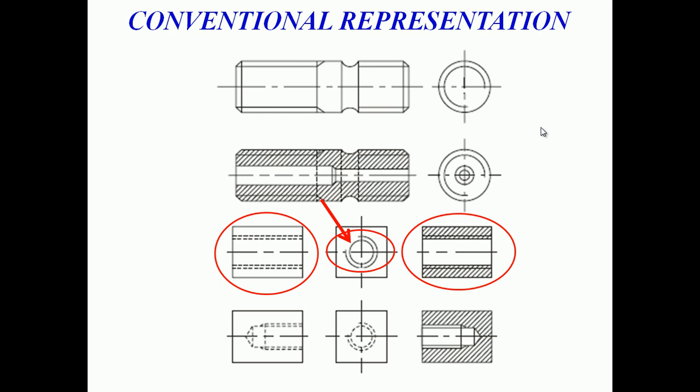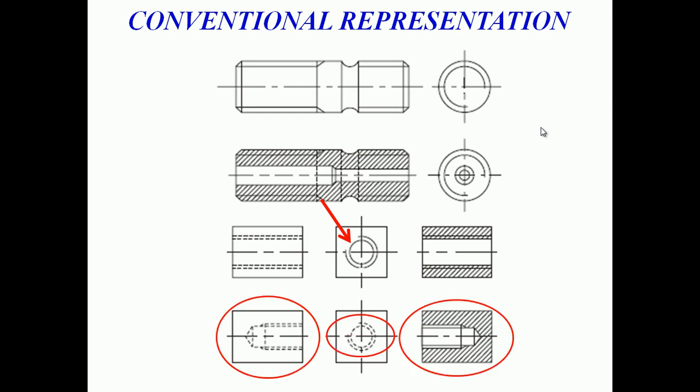One is section, another is without section. But if you come to the last diagram, the fourth one, it clearly says that it has a hole and an internal thread, and the side view is given in hidden lines, and the thread is clearly represented in the diagram.